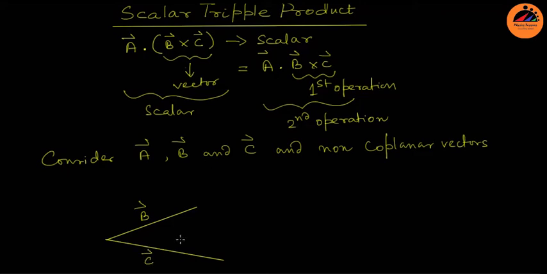This is C, and this is A. So these are A, B, C, and they originate from this point O. Suppose this is the origin of coordinates.